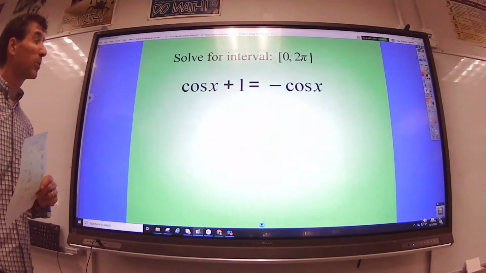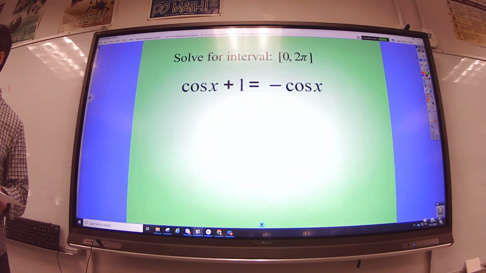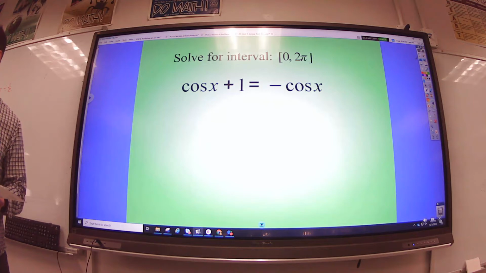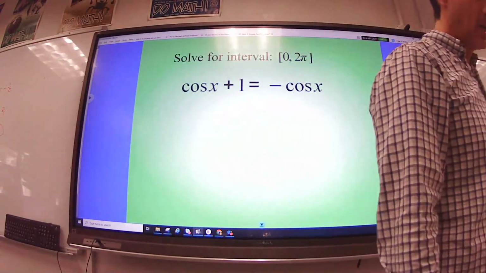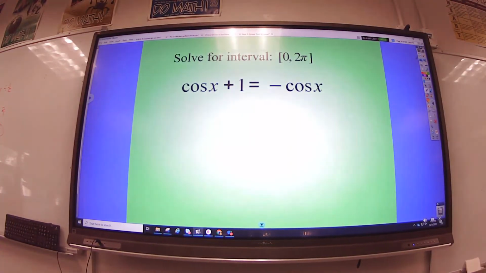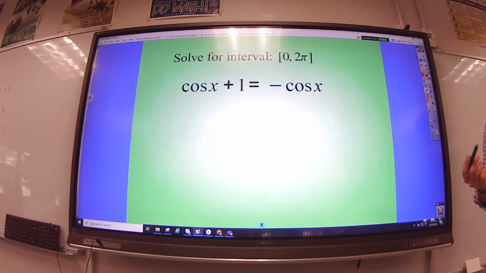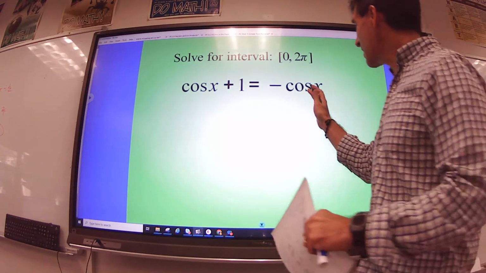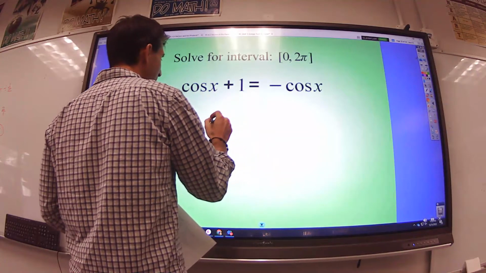Cosine of x plus 1 equals negative cosine of x. This one is pretty easy if you know what to do. Actually, I should pause. What I would do is, because I have 2 cosines here, it's kind of like saying this.